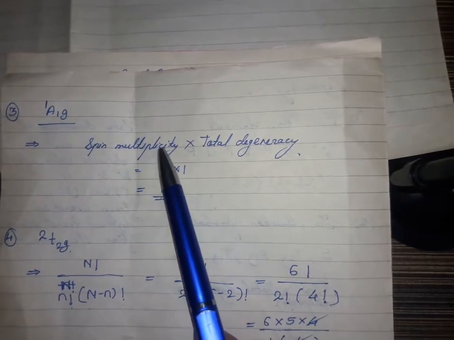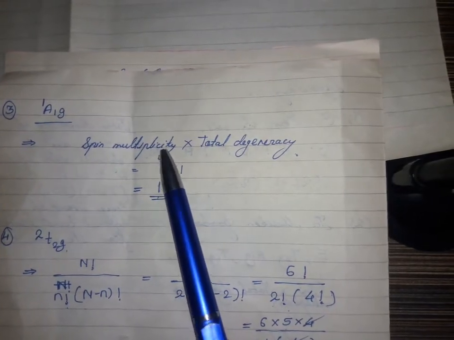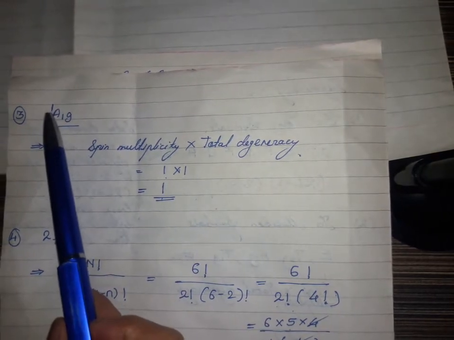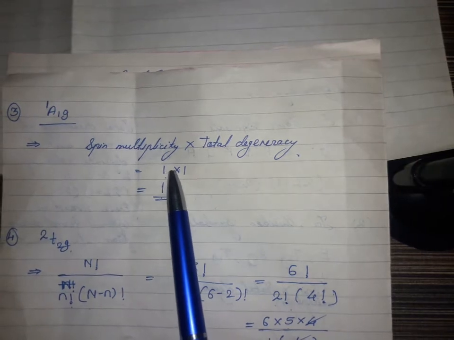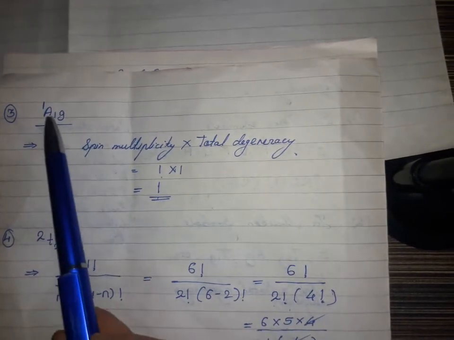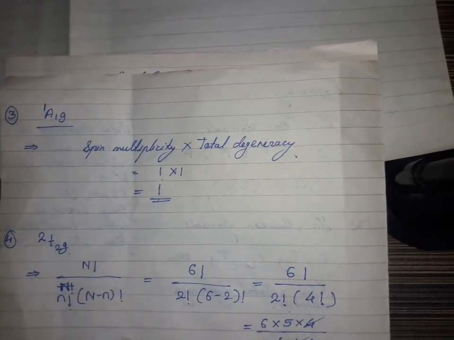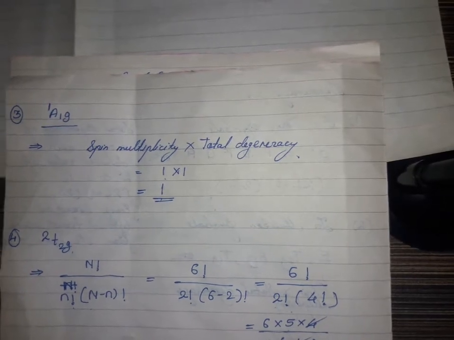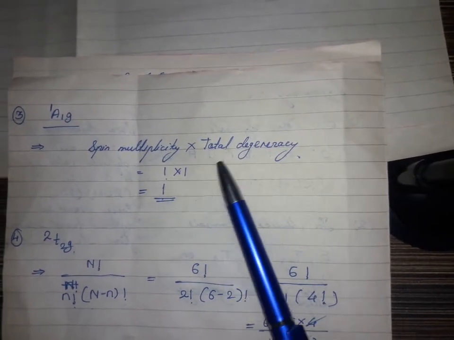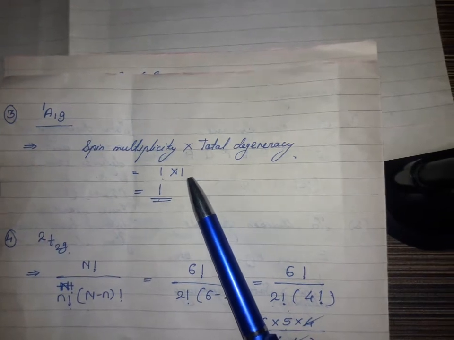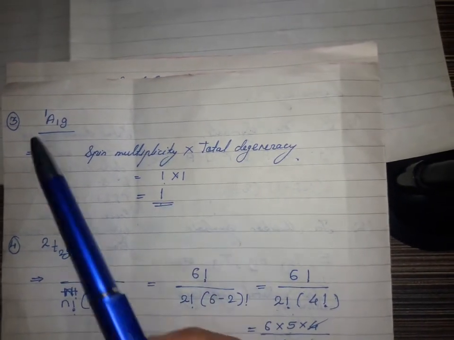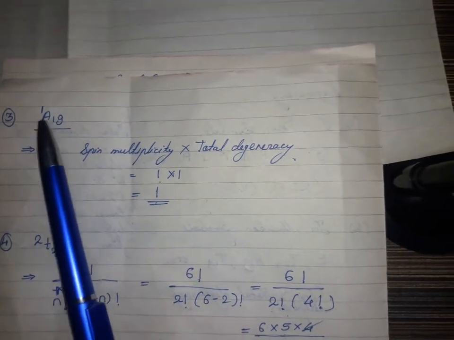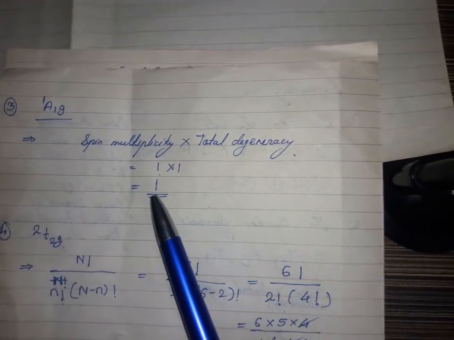Spin multiplicity is 2S plus 1, and here it is singlet. So we put that value into spin multiplicity and total degeneracy. A1G is a singlet, and the total degeneracy of that A1G is 1. So 1 into 1 is equal to 1. That's why singlet A1G has degeneracy 1.